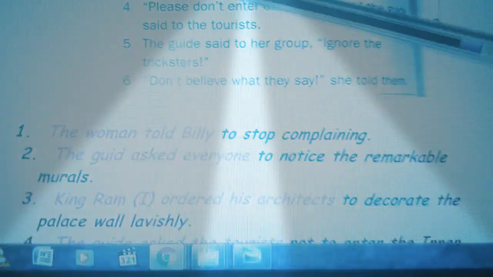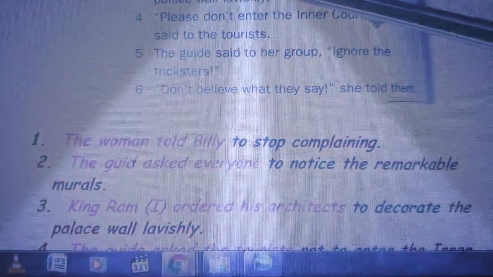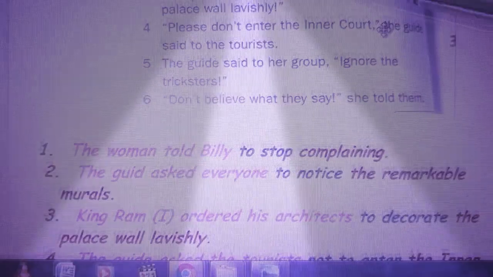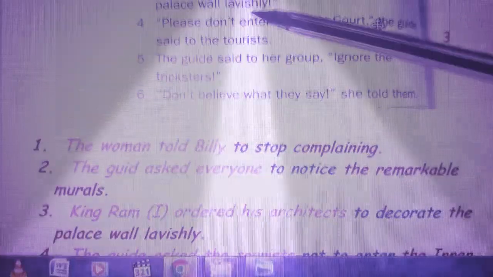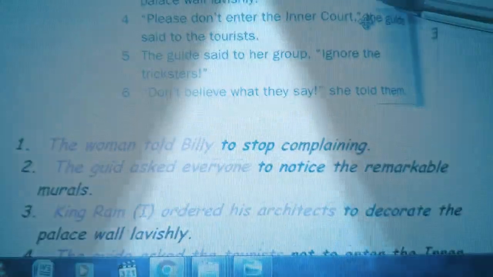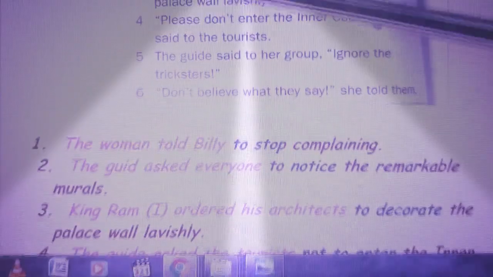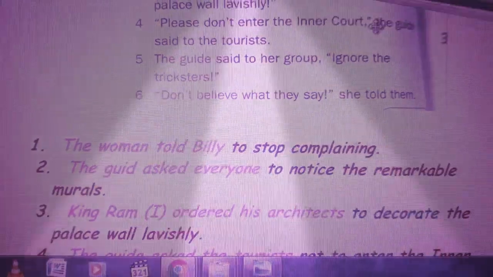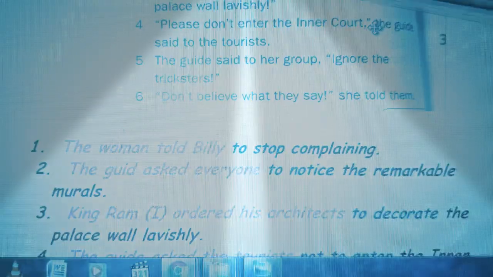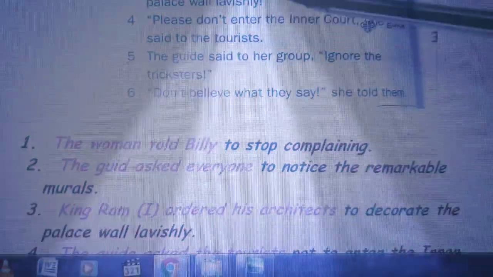Move to number 3. King Ram first ordered his architects decorate palace wall lavishly. So here King Ram ordered the architects, the engineers he has, to decorate his palace.